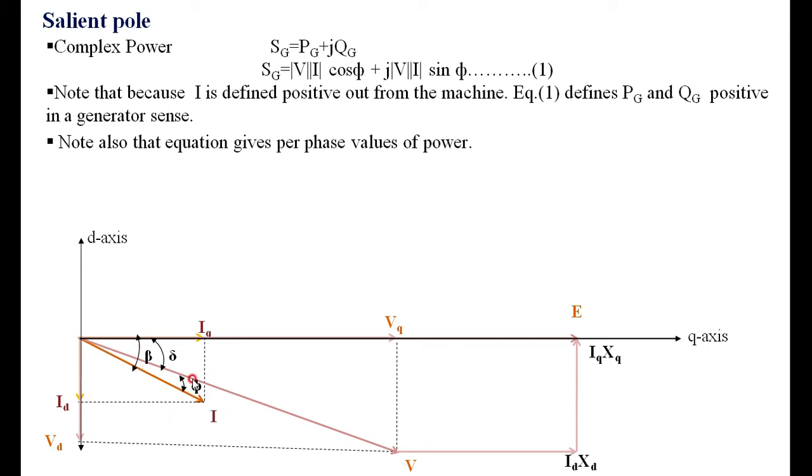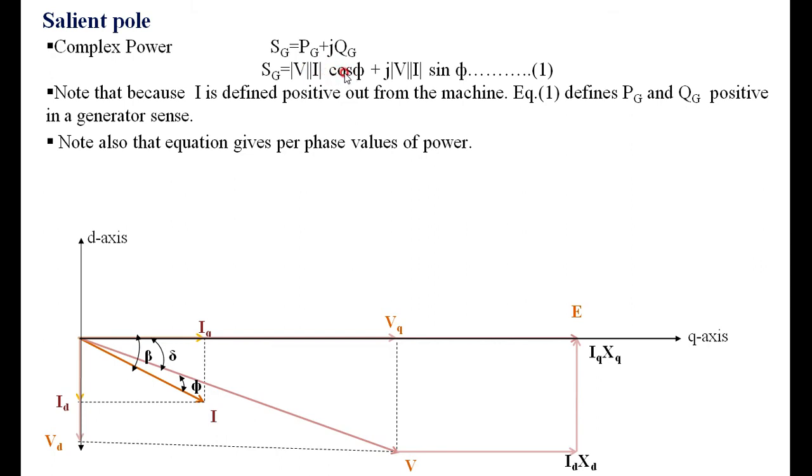Of course, between V and I we have the power factor angle phi. So there are three angles here: delta, the angle between V and E; beta, the angle between I and E; and phi, the power factor angle, which is the angle between V and I. Okay. With the help of this phasor diagram, I want to derive the equation for Vi cos phi.